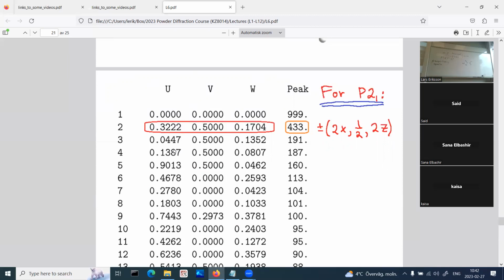Unfortunately, we don't get the application with y coordinates. But this is the first. Then we immediately know that x for the atom should be something like 0.0. Z should be something like 0.08, right? And we don't know y.